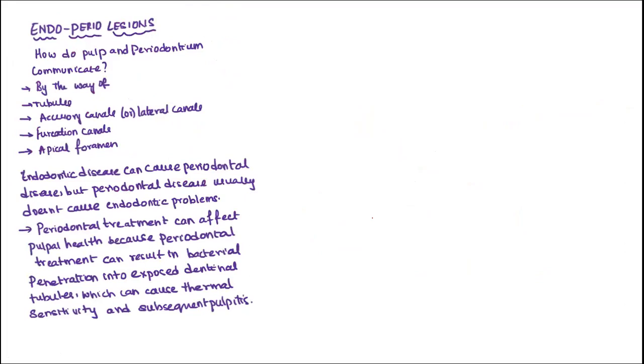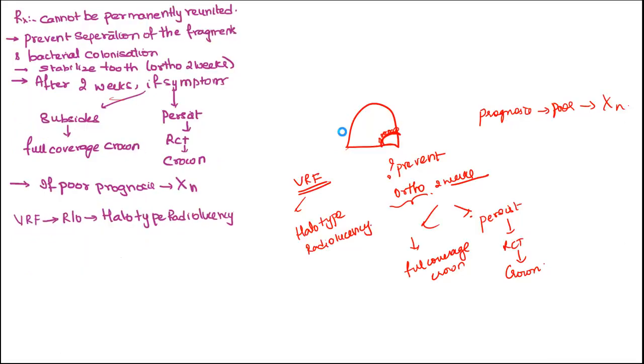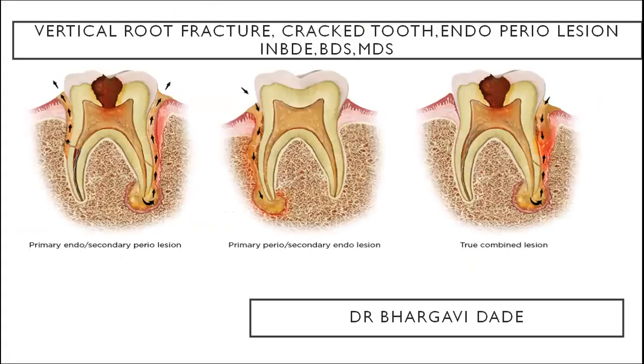Now coming to Endo Perio lesions. How do pulp and periodontium communicate? So here in the first step, you can see the first diagram is a primary endo, secondary perio lesion. Means the first thing you notice is there is caries, so it's primarily endo.